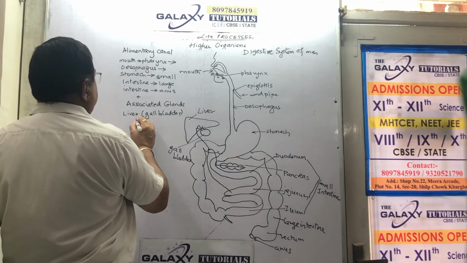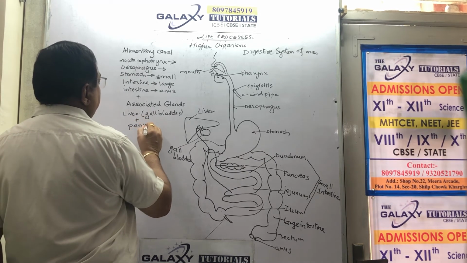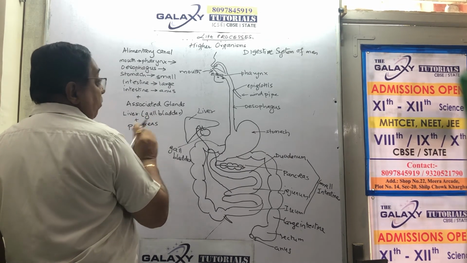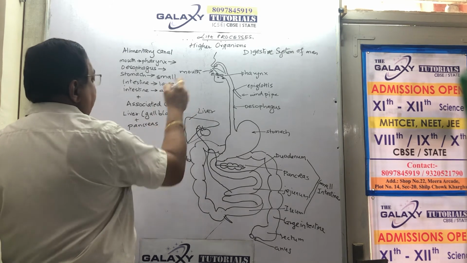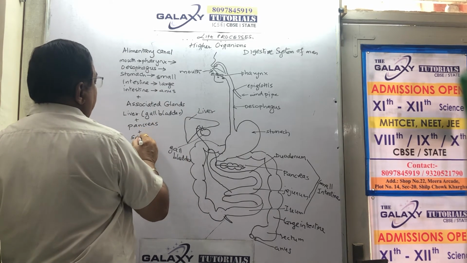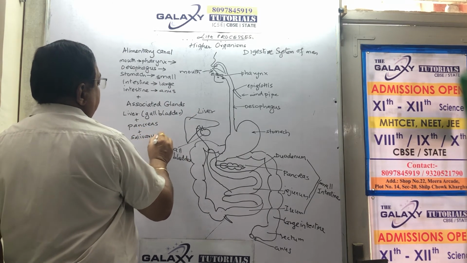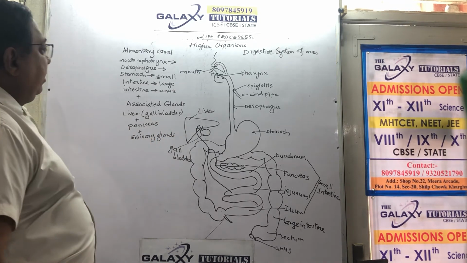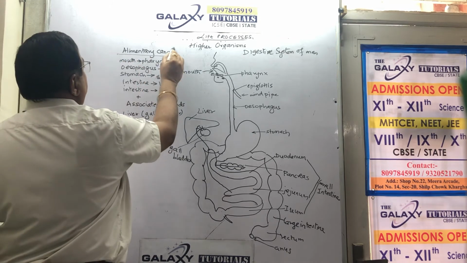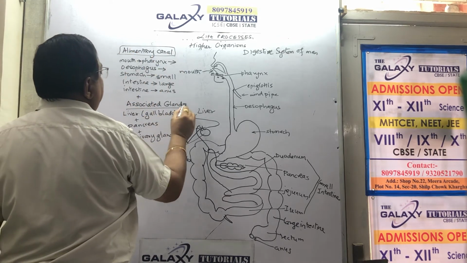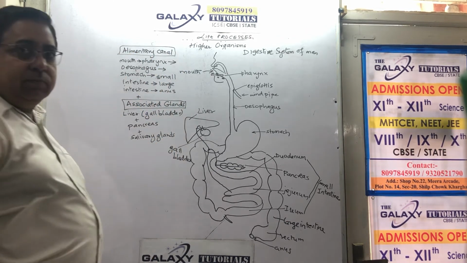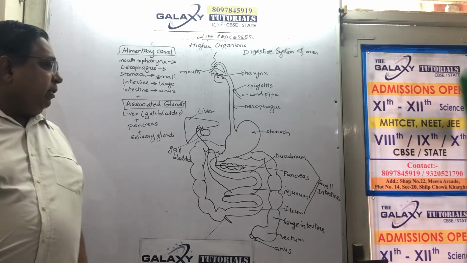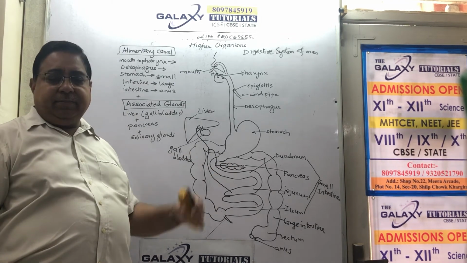Then we have pancreas. We have not written, your book does not say, but then we also have salivary glands outside. All these are associated. So you have one tube and you have others attached to the tube. This is the digestive system of man.